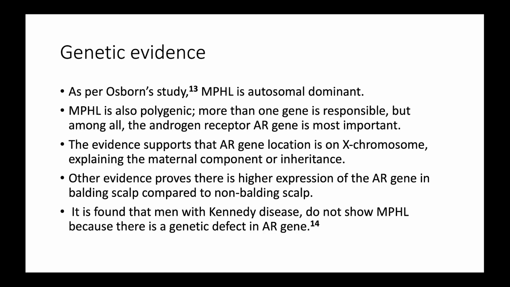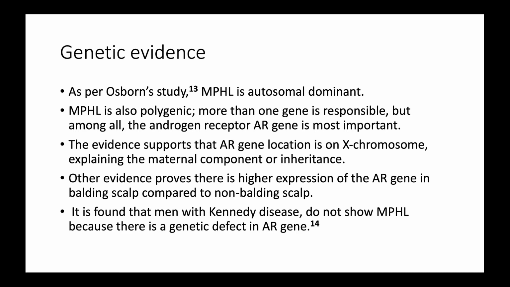The evidence supports that the AR gene location is on the X chromosome, explaining the maternal component of inheritance. The AR gene is located on the X chromosome, which comes from the mother. So there is a maternal component, but it doesn't make any difference as far as the clinical appearance is concerned, because the genes may come from mother to a male child, and that male child becomes the father of another child.